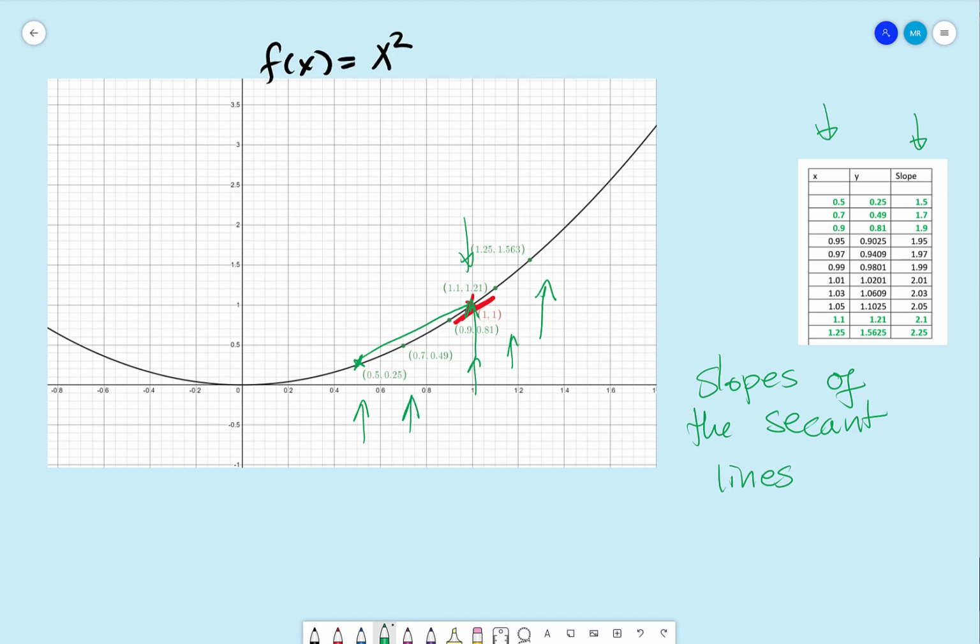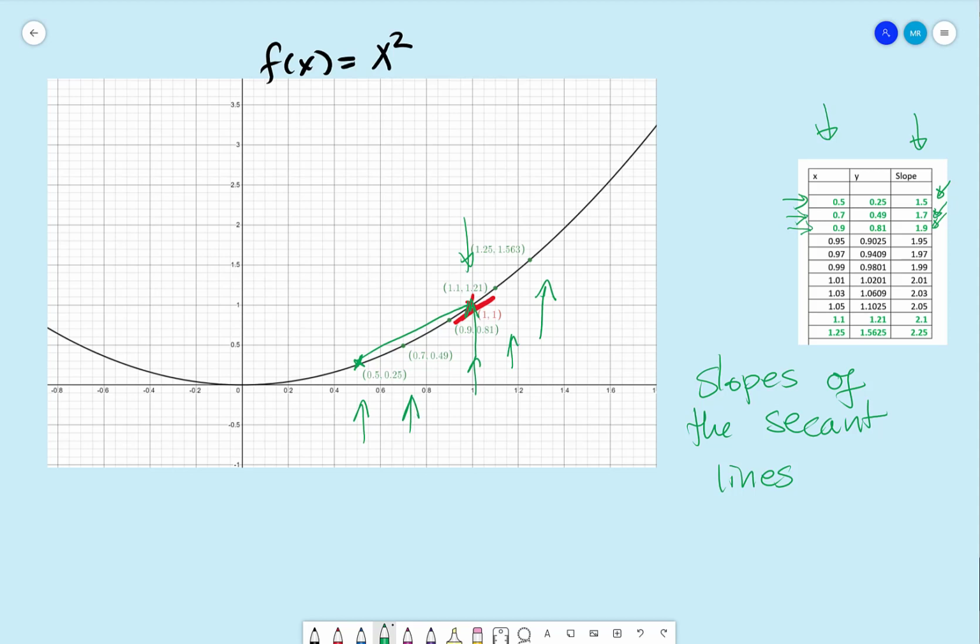Now, if we look at these values, we can see, okay, we have 0.5 and the slope is 1.5. Then we get a little bit closer to 1 by going to 0.7, and our slope is 1.7. 0.9, and our slope now, as we're getting closer, gets larger to 1.9.